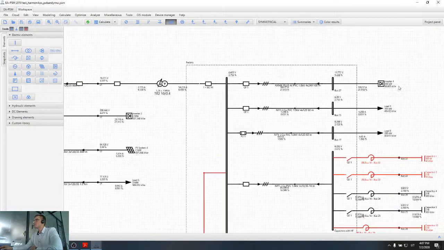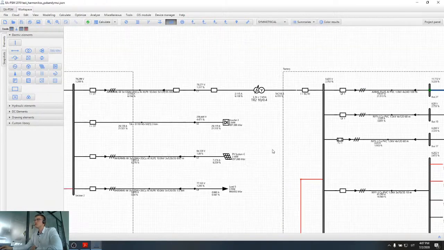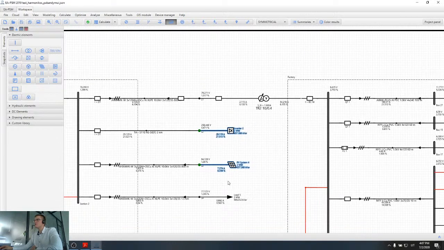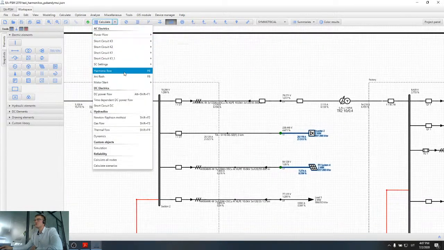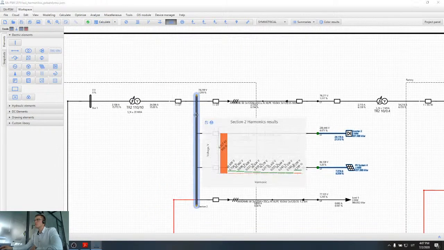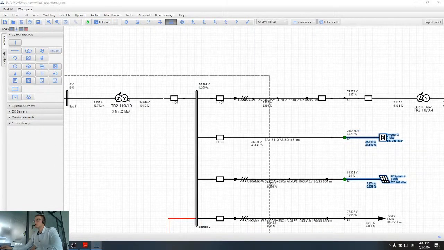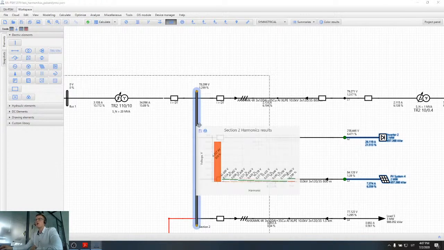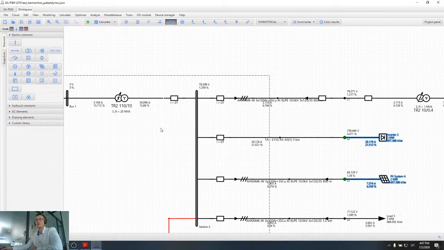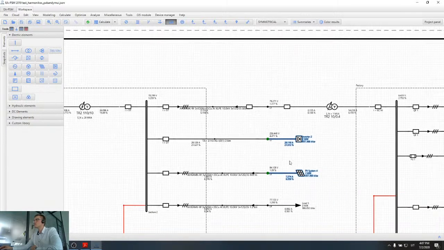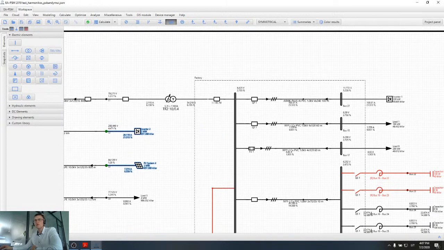For example, here I have one more harmonic source, here I have two more harmonic sources, and when I calculate the harmonics using the software, the software automatically does the summation of the harmonics inside this line. So basically you don't have to use those summation laws with the software, because they are considered by calculating power flows and using power flow algorithms. Those summation laws are only needed when you do hand calculations. So software allows you to analyze networks much more easily than with hand calculations.